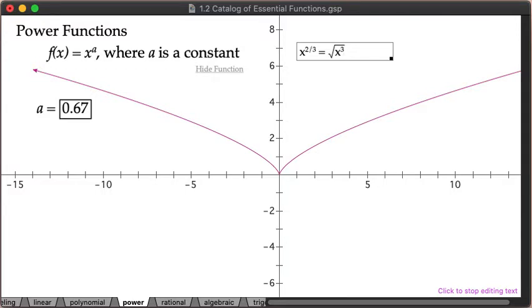And I'm going to do this stupid thing of writing this. Okay, there we go. It should be the cube root of x squared, not cubed. So that's what x to the 2/3 is: the cube root of x squared.